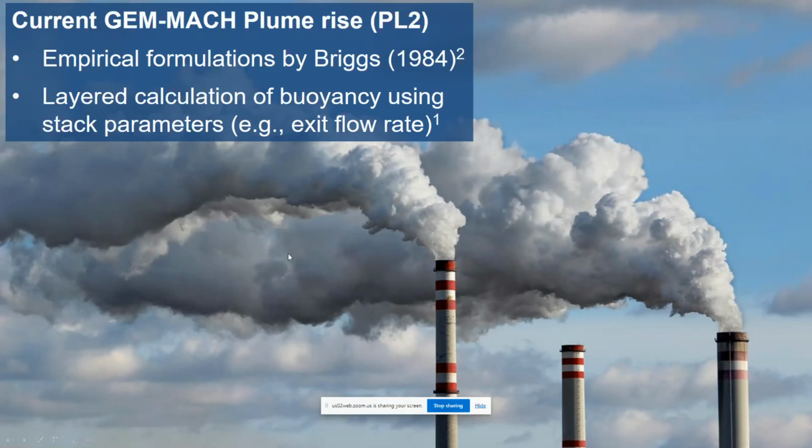And the plume rise algorithm in the GEM-MACH model is based on empirical formulations by Briggs, and it calculates the buoyancy and momentum of the effluent at each model layer based on the ambient input information and the stack parameters such as stack flow rate and the temperature.